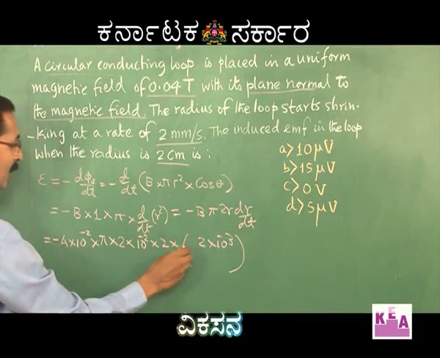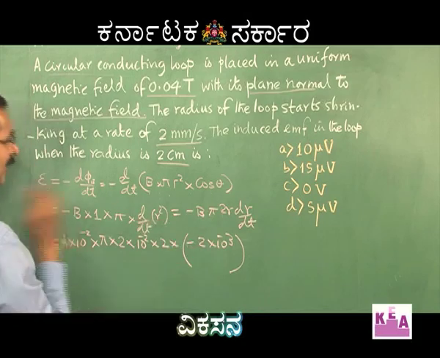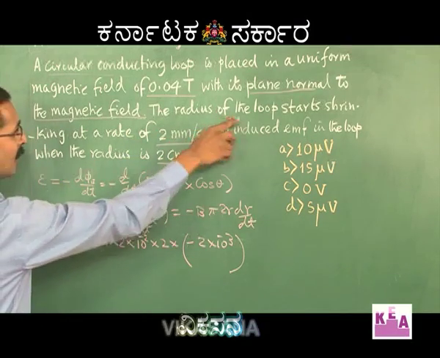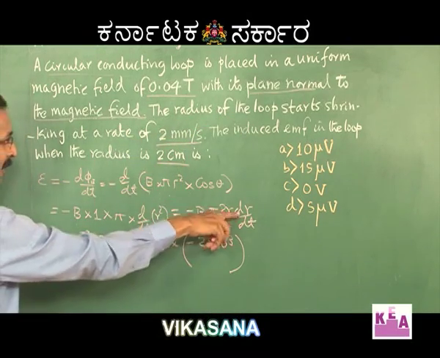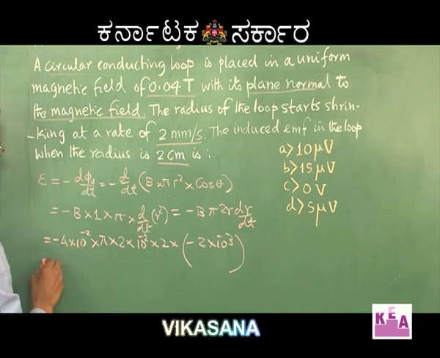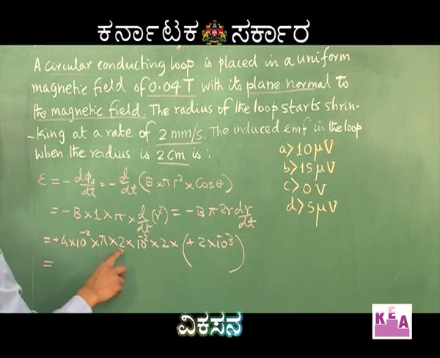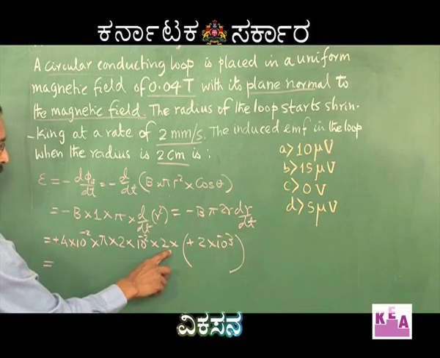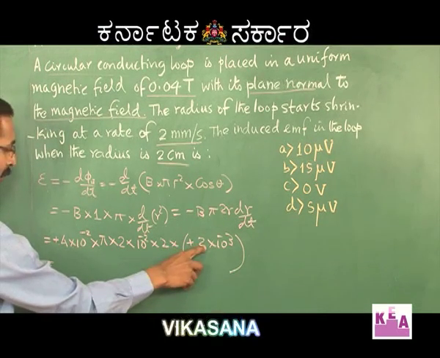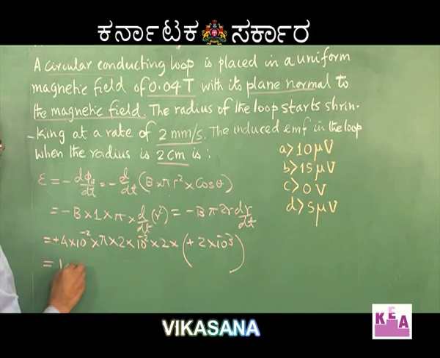I have to write a minus here because the radius is shrinking, therefore the rate of change of radius must be negative, therefore these minuses get cancelled. 4 into 2 is 8, 8 into 2 is 16, 16 into 2 is 32.